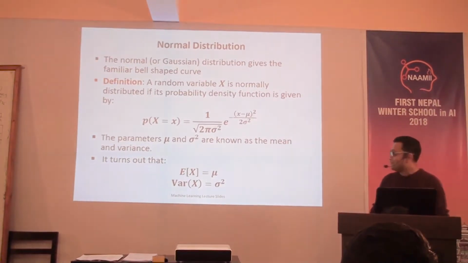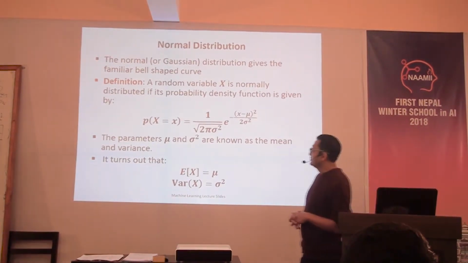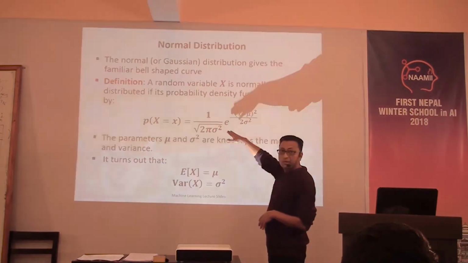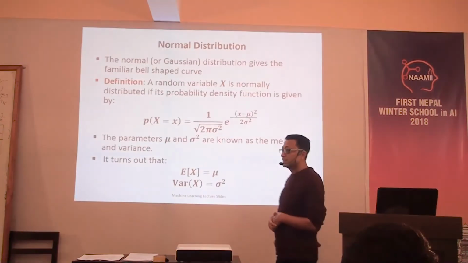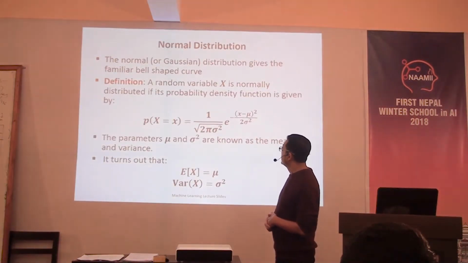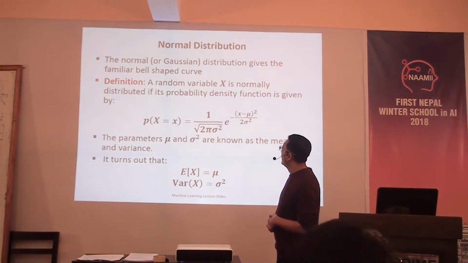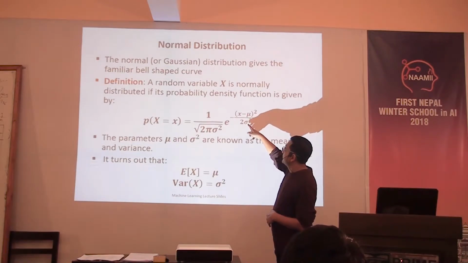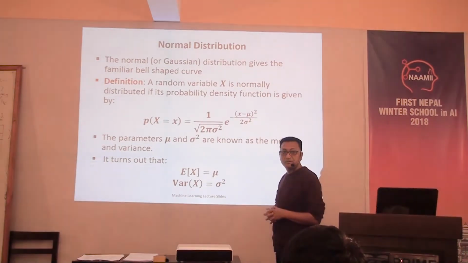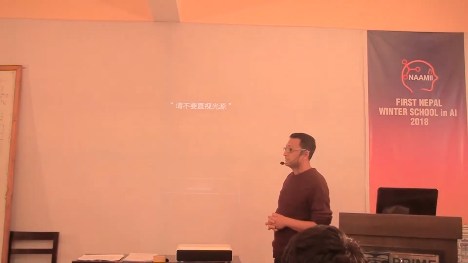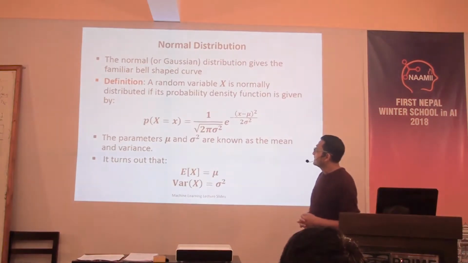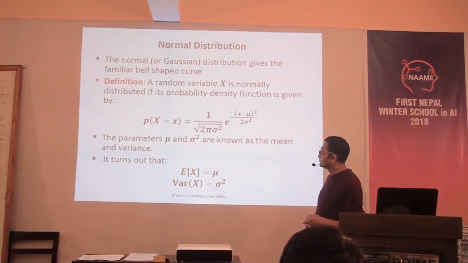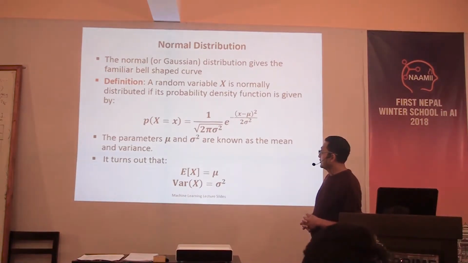So the normal distribution is given by this equation. It has just two parameters. One is the mean, and sigma is the standard deviation, or sigma squared is the variance. So the parameters mu and sigma squared are known as the mean and the variance.